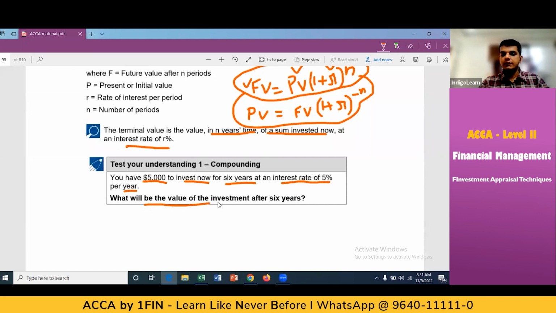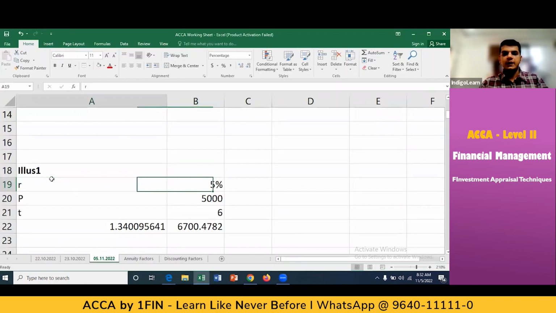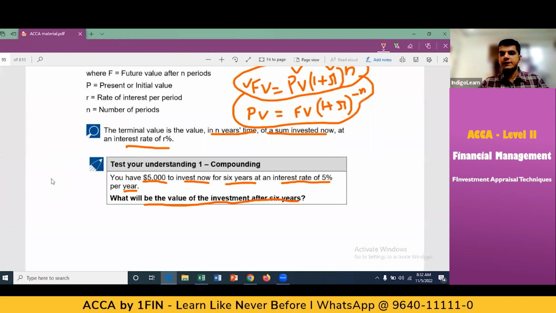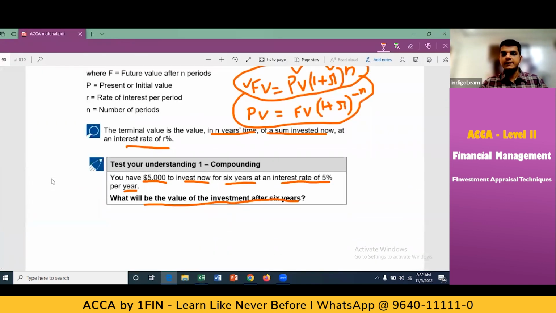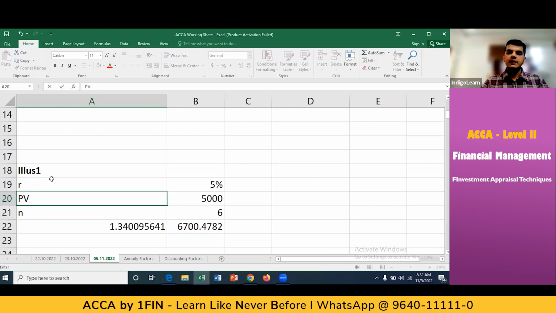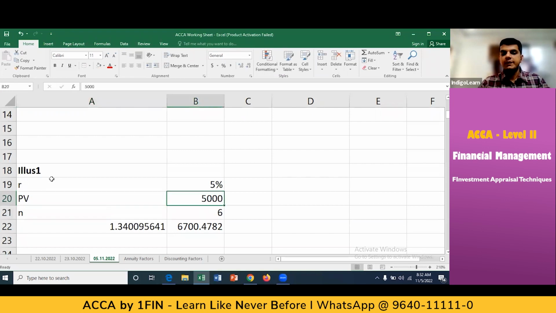What will be the value of the investment after 6 years? So we'll just calculate it. So R, that is rate of interest, is 5%. 6 years is the time period, or N, and P, that is the present value, is 5,000 rupees. We are asked to calculate the future value.